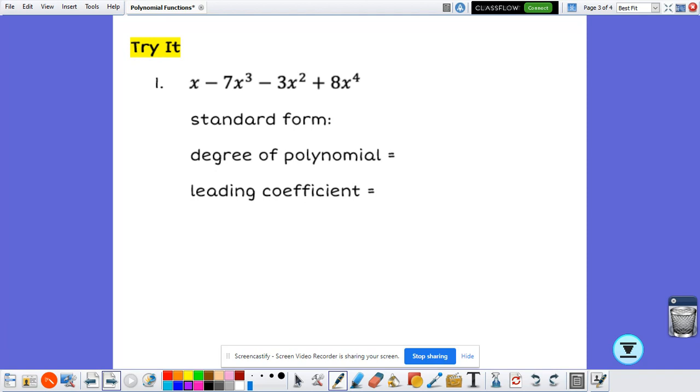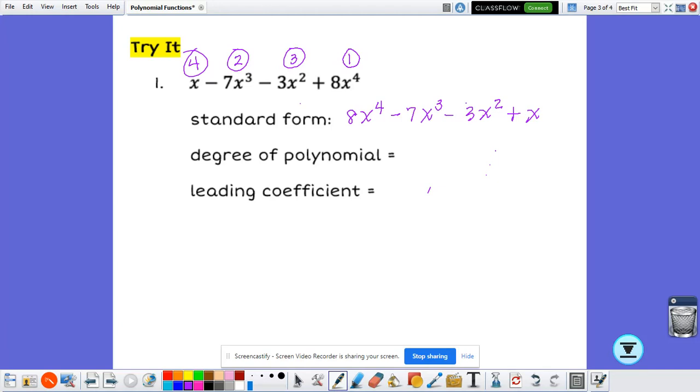All right. So for this problem, the highest exponent for x is x to the fourth. So this would be your first term in standard form, 8x to the fourth, followed by the exponent of 3, so minus 7x cubed, followed by the squared term, so minus 3x squared, and the least degree is x to the first power, or just x.